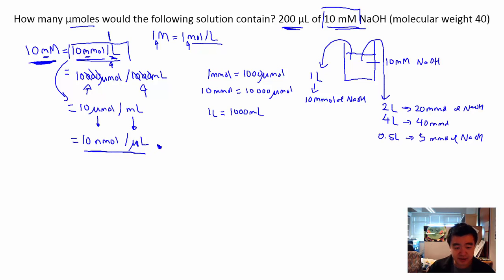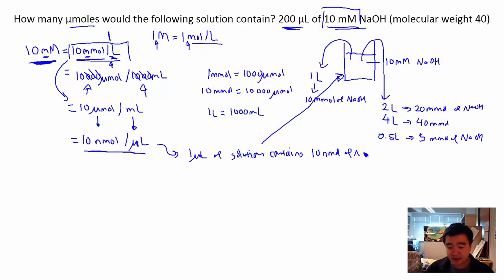And in English, what this means is that 1 microliter of the solution contains 10 nanomoles of NaOH.